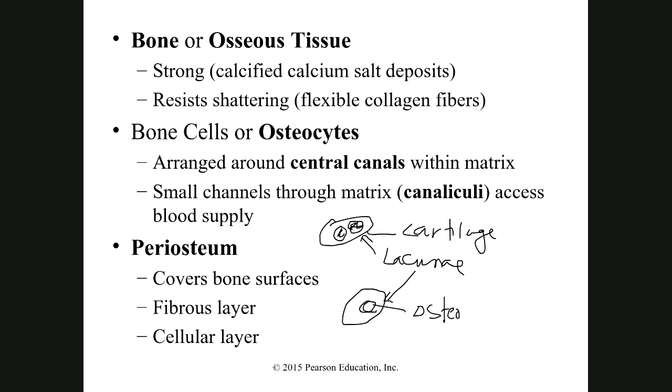Now, osteocytes are mature osteoblasts. And osteoblasts come from mesenchymal stem cells. Osteoblasts make the bone matrix.